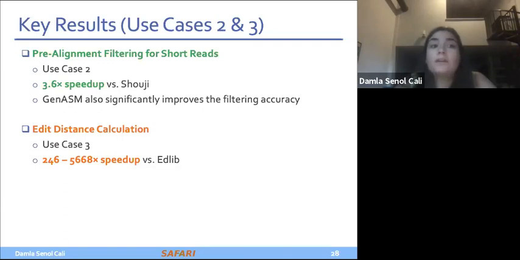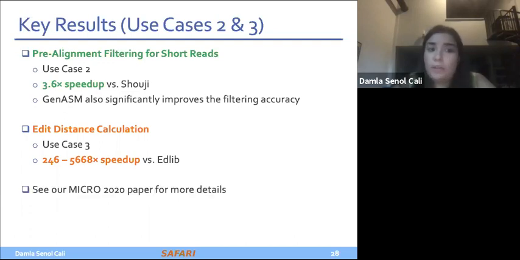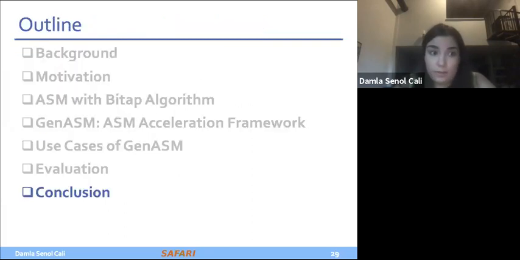And for the third use case, edit distance calculation, compared to a software library, Edlib, for different size data sets, we observe around 250x to more than 5,000x speedup. You can see our MICRO 2020 paper for more details.